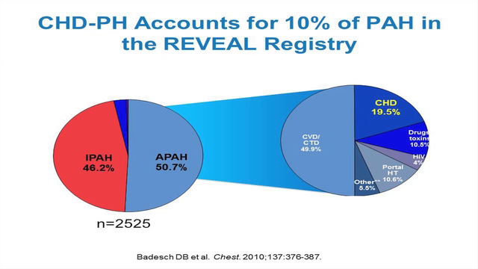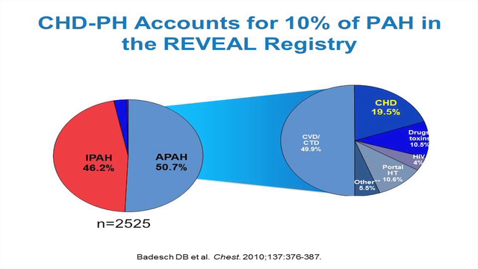So in this case, this is data from the REVEAL registry looking at pulmonary hypertension across the United States, and you can see in the patients with associated pulmonary arterial hypertension, about 20% of those patients had congenital heart disease lesions. So that means about 1/10 of patients being seen in the average pulmonary hypertension clinic have congenital heart lesions.